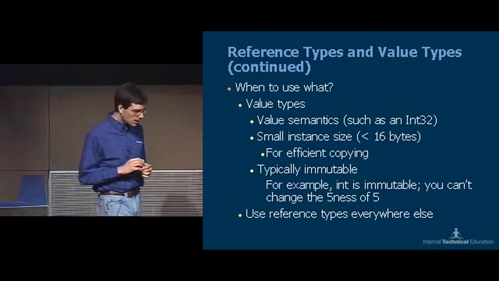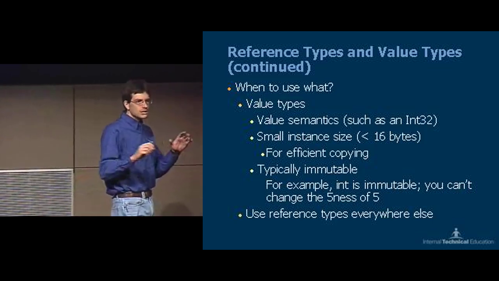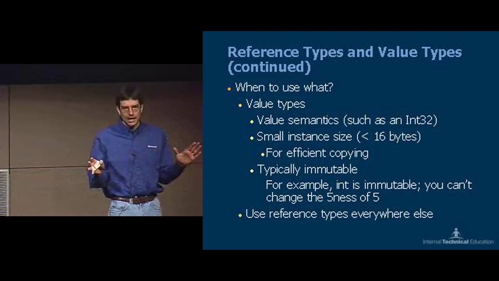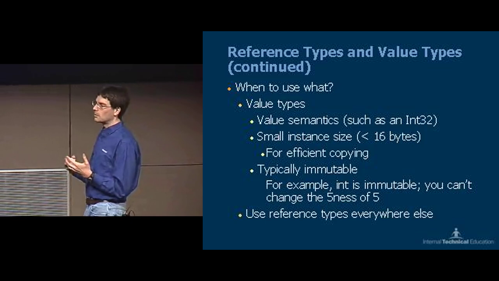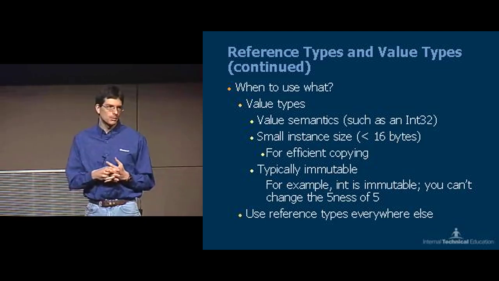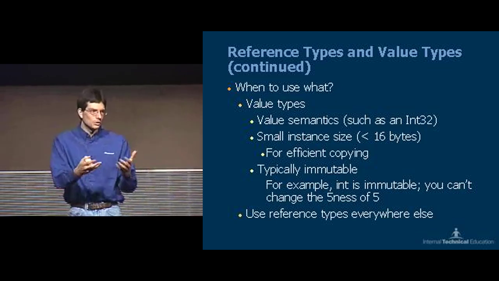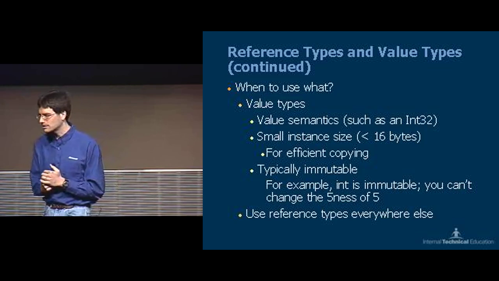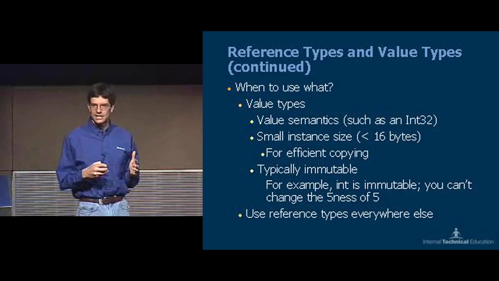And they're also typically immutable. They don't have to be, but because of the way the runtime and language treats them, value types behave more predictably if they're immutable. And the other thing is if they're immutable, it helps me believe you that they really have value semantics. So when somebody asks me about int, is int immutable?